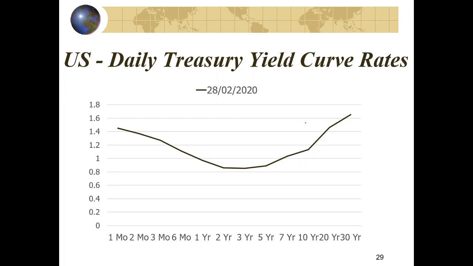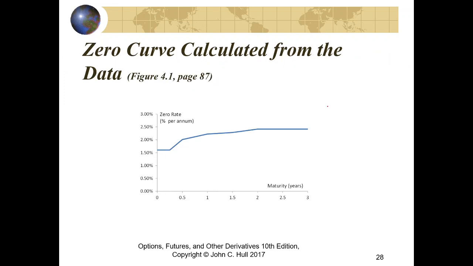When the economic conditions are not good, when the economy is about to enter into a recession, we will observe that the term structure of interest rates is downward sloping.